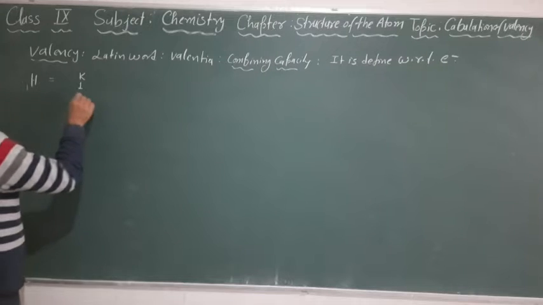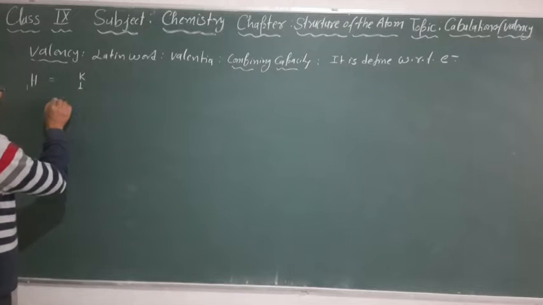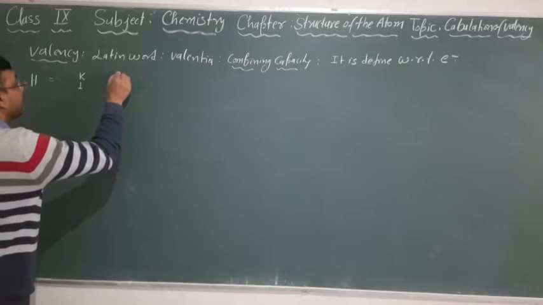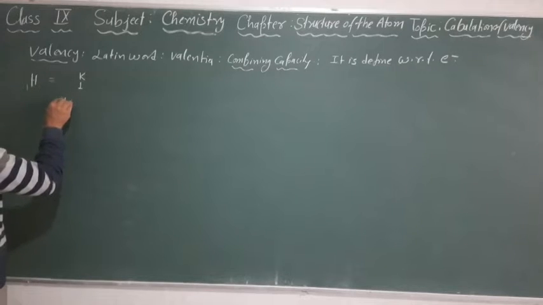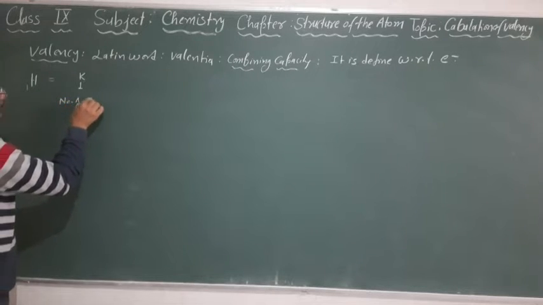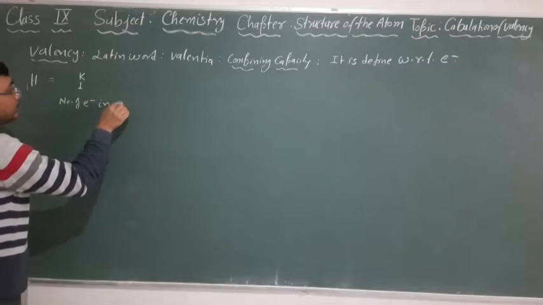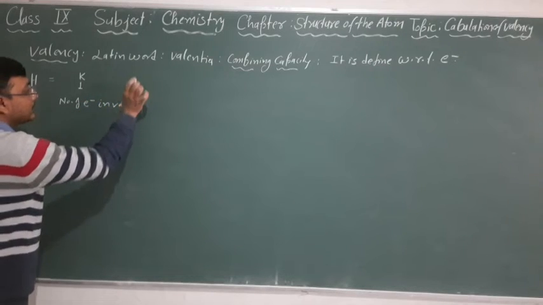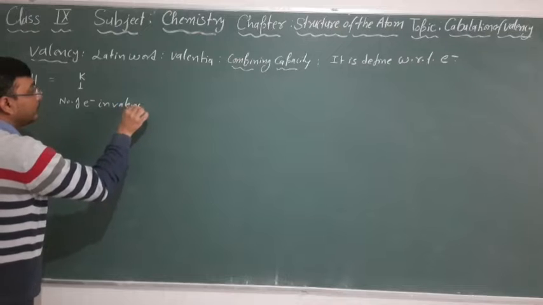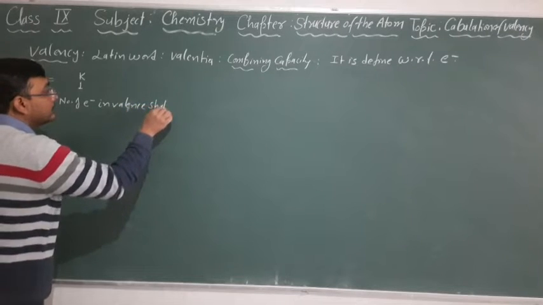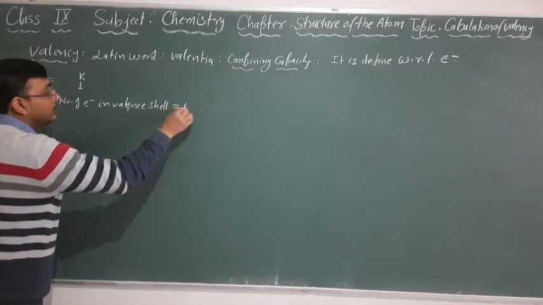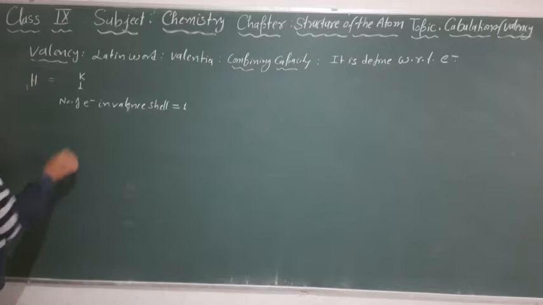So here the number of electrons in the valence shell is equal to 1. It is less than 4, so case first we should apply.